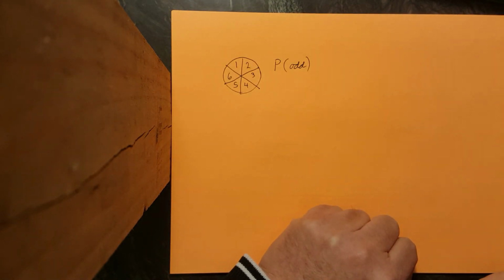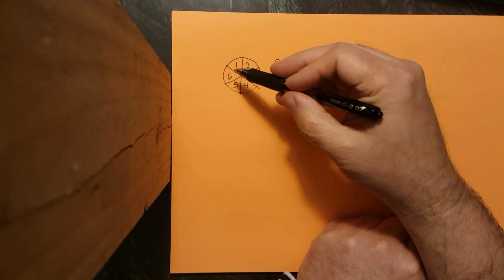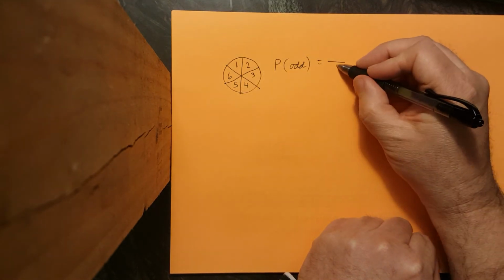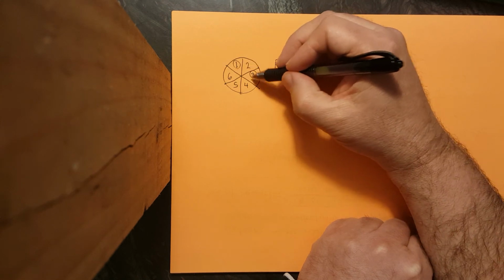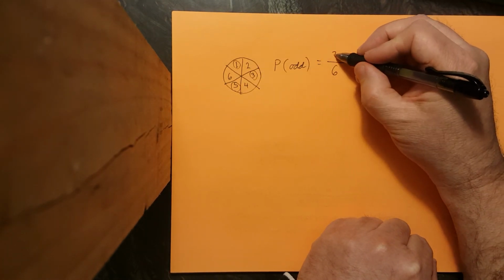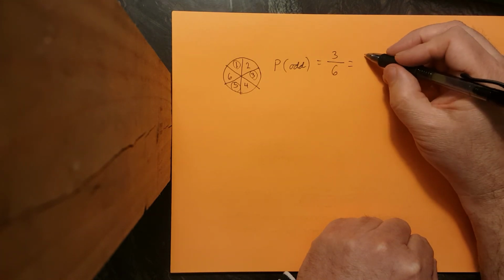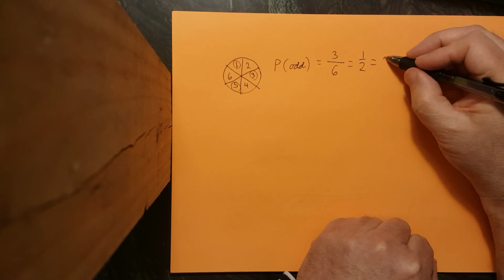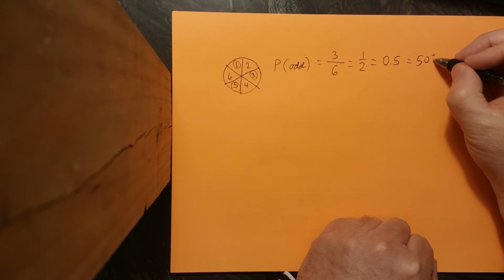Okay, you could land on one of those things. Probability of odd, well, the total number of possible outcomes is 1, 2, 3, 4, 5, 6. How many of them are odd? 1, 2, 3. So the probability of getting odd is 3/6. Can reduce that to 1/2, which is 0.5 or 50%.